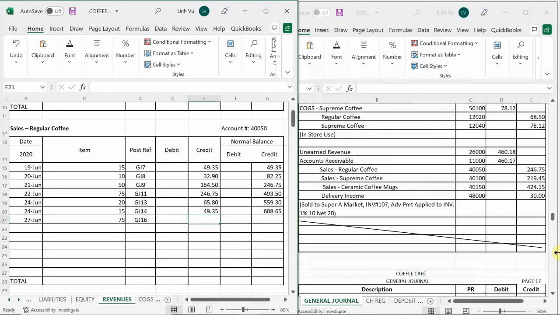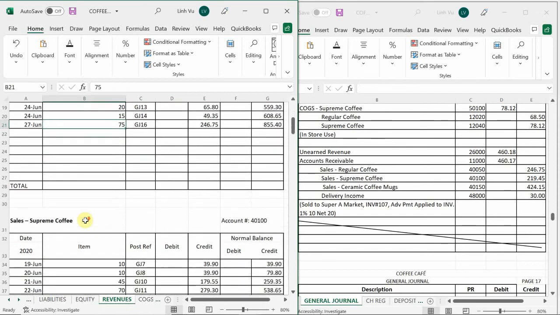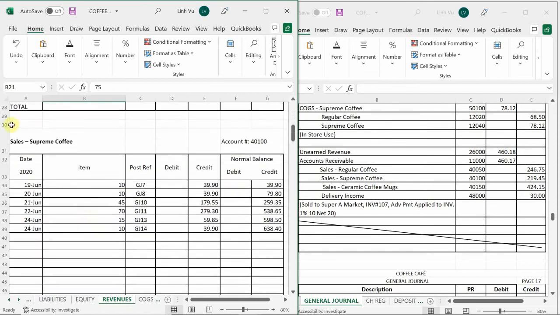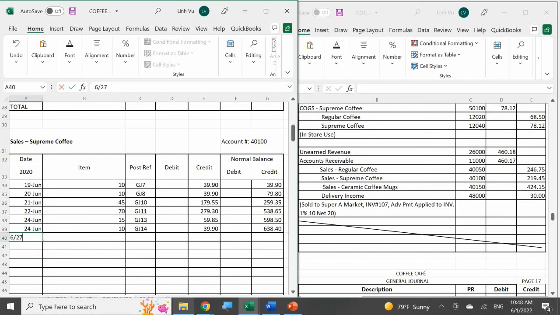Okay, for a total of $246.75. Okay, and of course that's going to increase my account by $855.40. Okay. We also have sold some Supreme coffee, right?